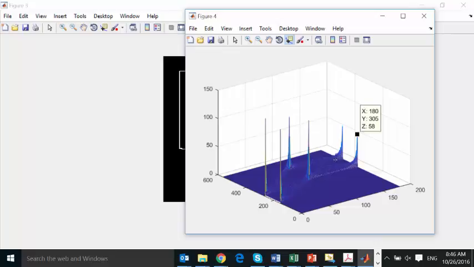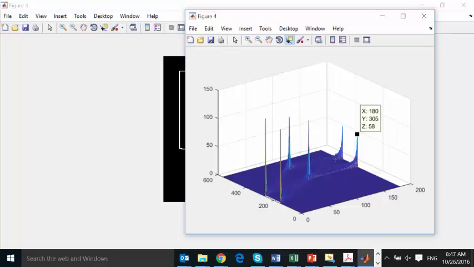Take care of something. All of these values, you will see that they are having positive values. Okay? Because they are normalized in MATLAB. Of course, here for the X, which corresponds to the theta, it corresponds to the range from negative 90 up to positive 89. Okay? But it is shifted, so that instead of starting from negative 90, it will start from 1.